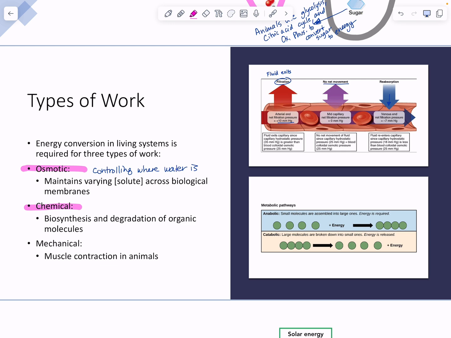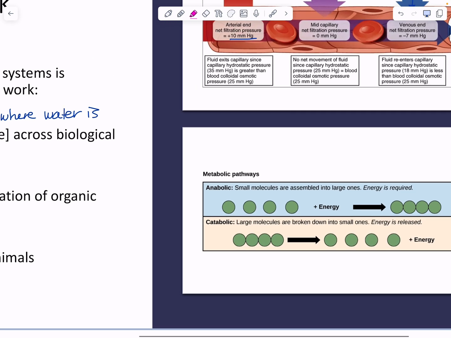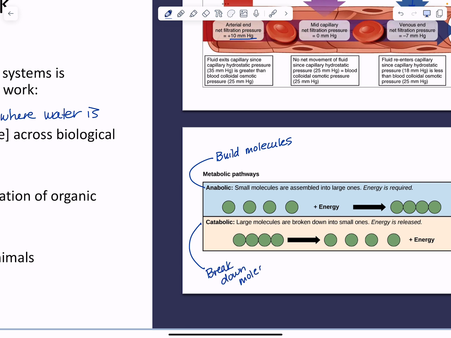The one that builds up molecules is called anabolic. So these build molecules. And catabolic pathways break down molecules to harvest energy.